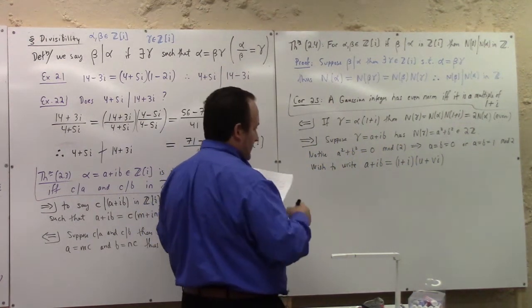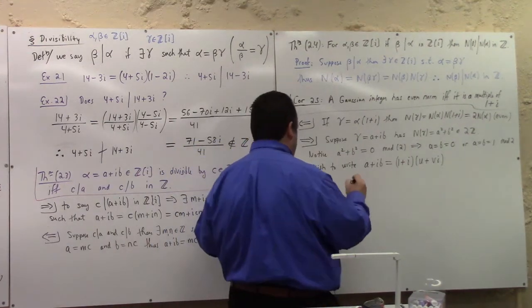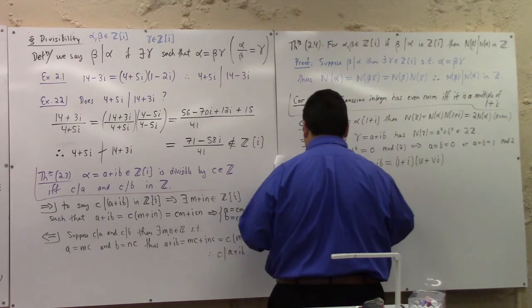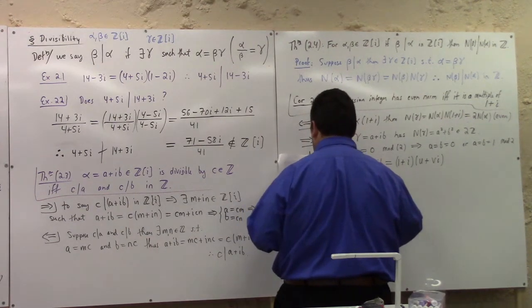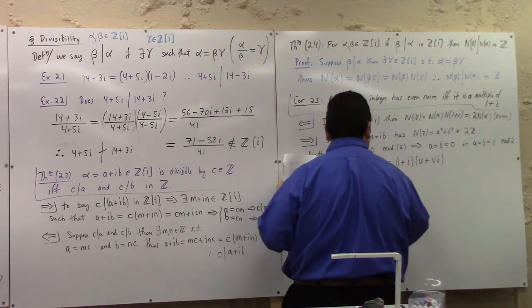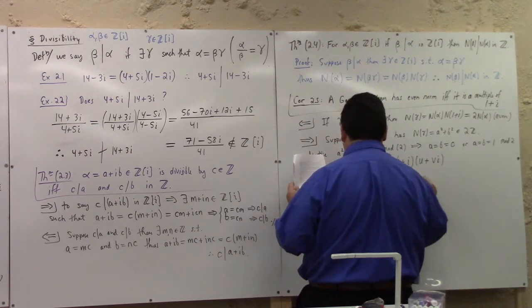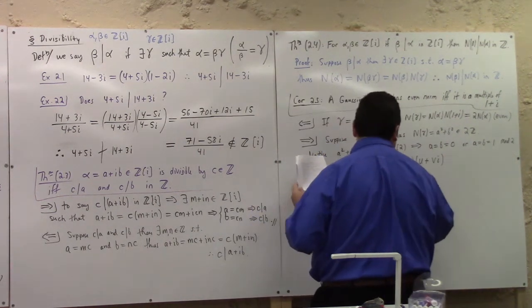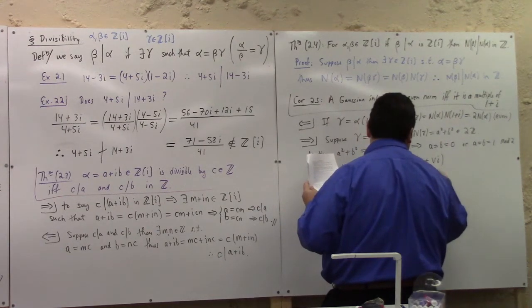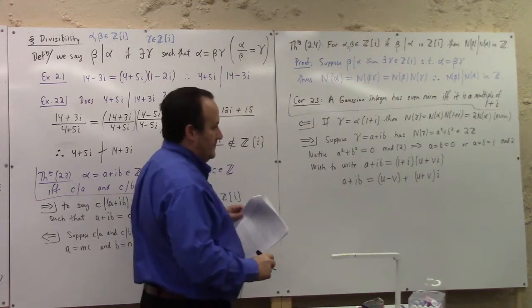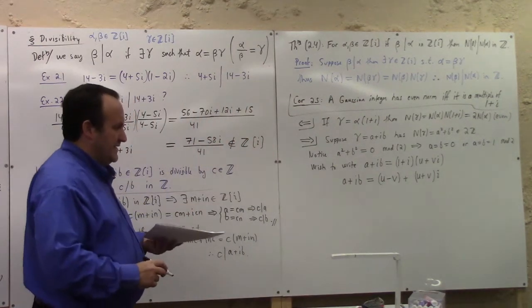But this is equivalent to wanting a plus ib equal to (u minus v) plus i times (u plus v). I never know whether to put the i on the right-hand side or left-hand side, whatever. That's just multiplying the equation out above.